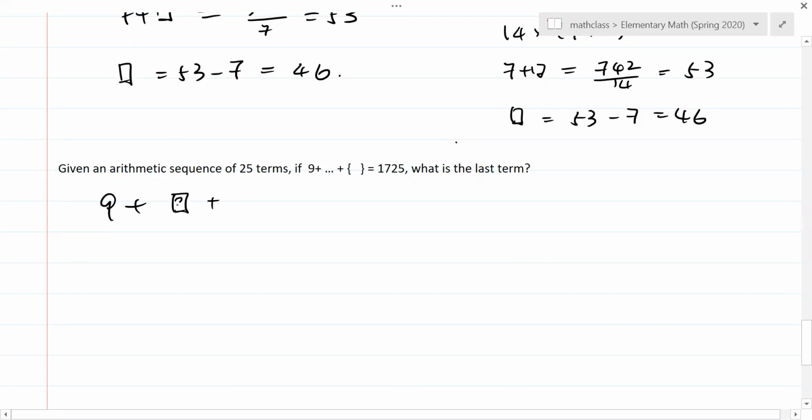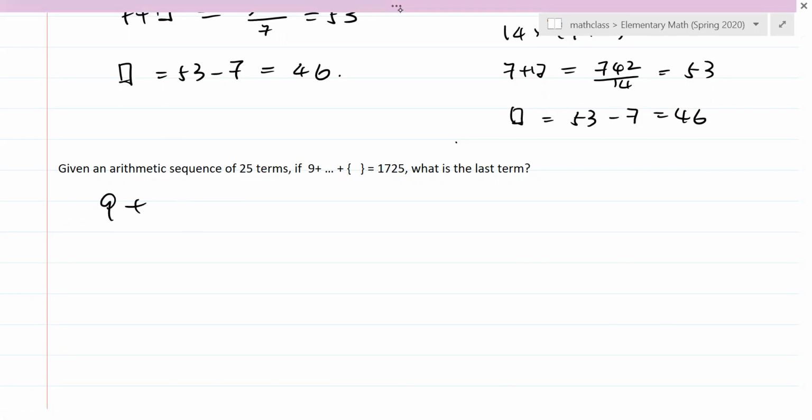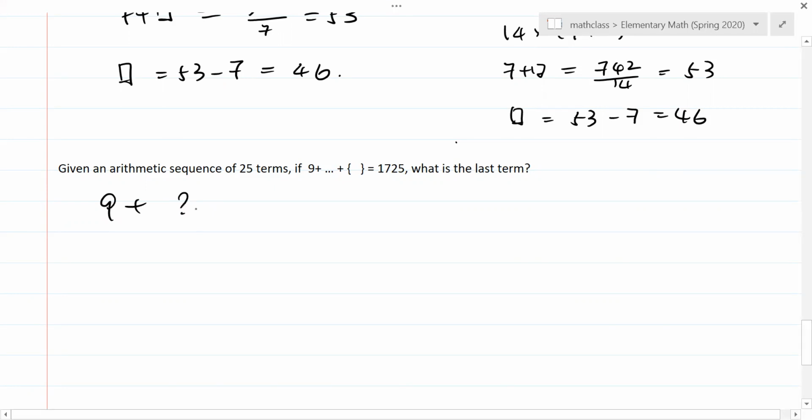I'm going to put a question mark here. The last one I'm going to put a square there, right? The sum is 1,725.